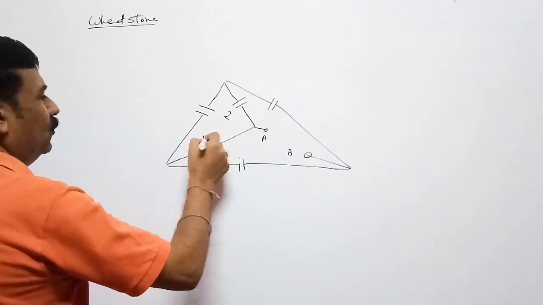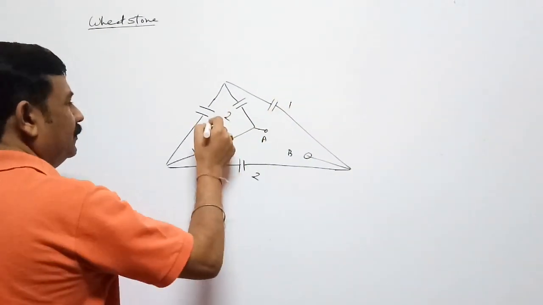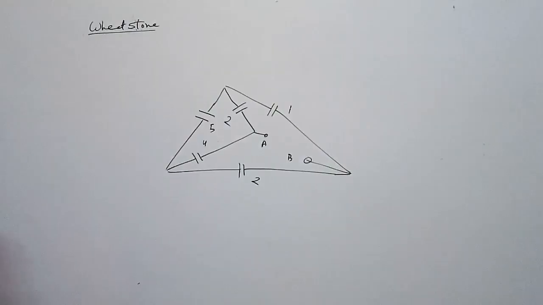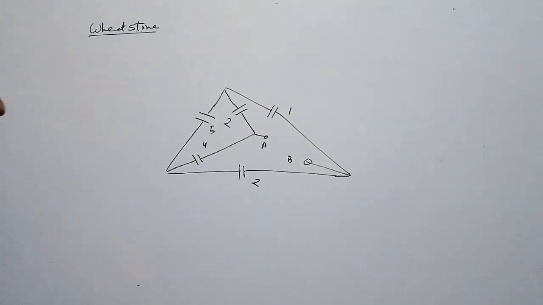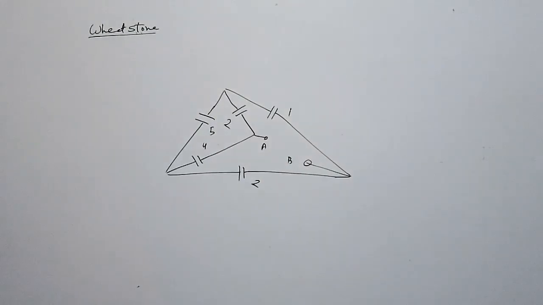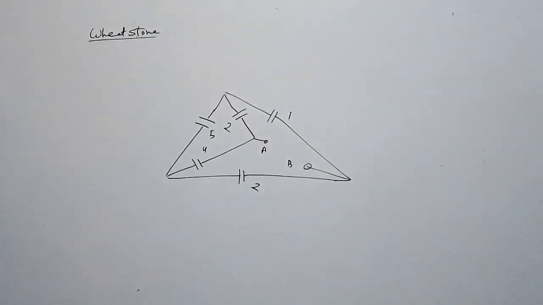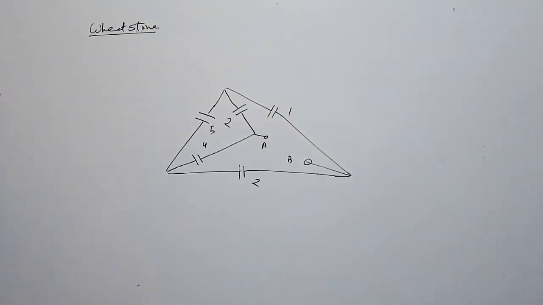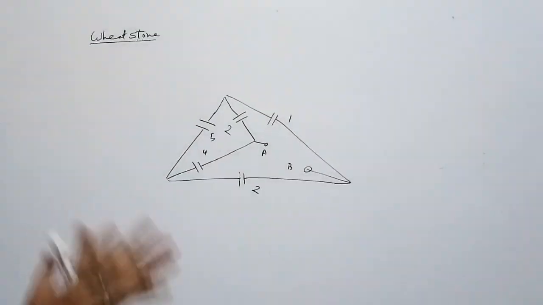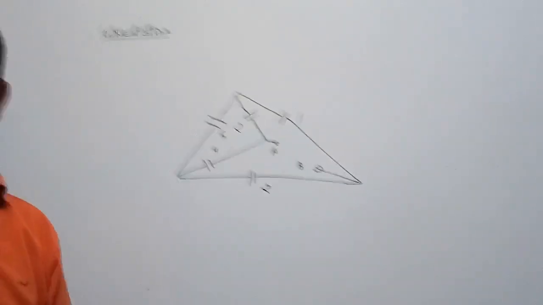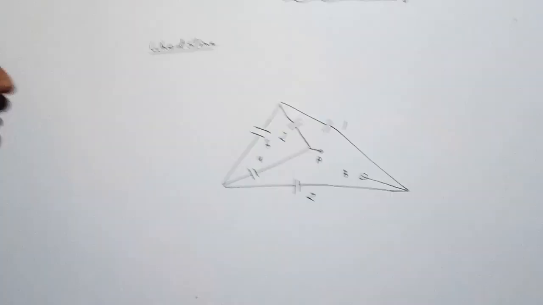It is 2, it is 4, it is 1, it is 2, it is 5. They are saying find the net capacity with respect to AB. You cannot guess which one is in series and which one is in parallel. And as 5 capacitors are present here, and you know that a Wheatstone bridge consists of 5 capacitors or 5 resistors, so we do some changes.